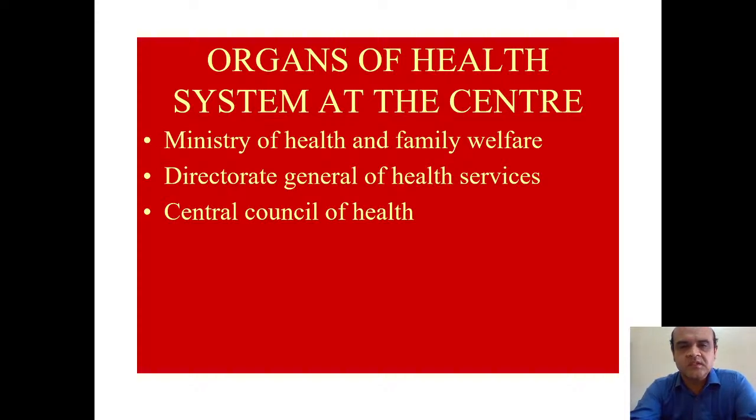Infectious disease is different, non-infectious disease is different, and within that there are different health problems like mental health problems. So the entire healthcare delivery system is based on health programs. There are national health programs and there are state health programs. Okay.